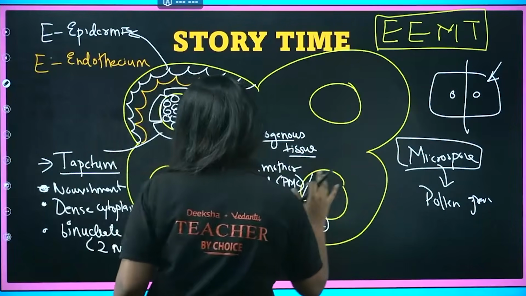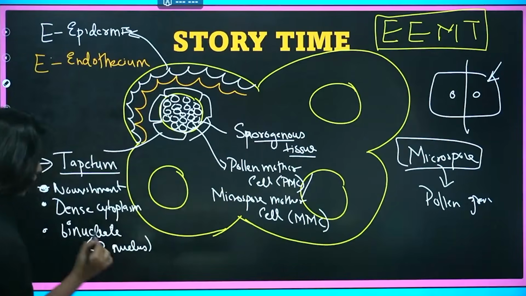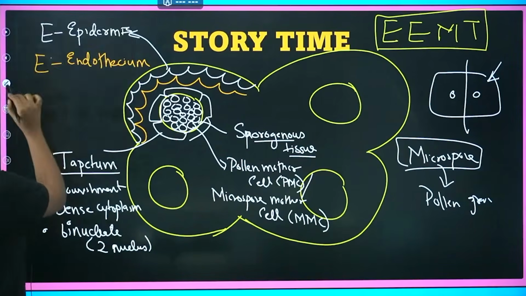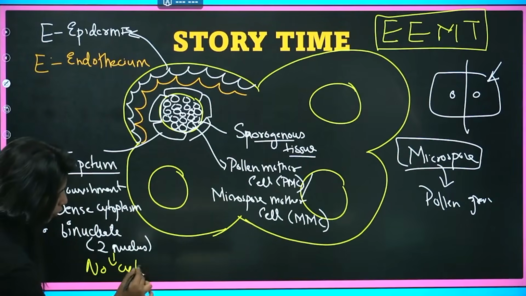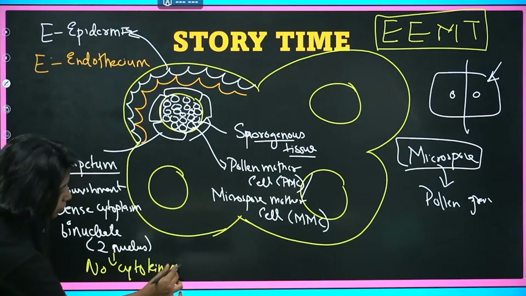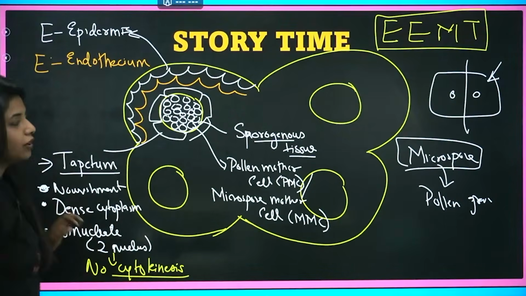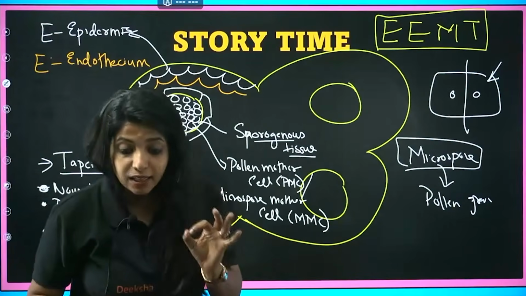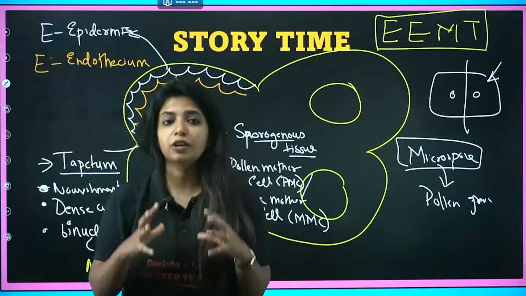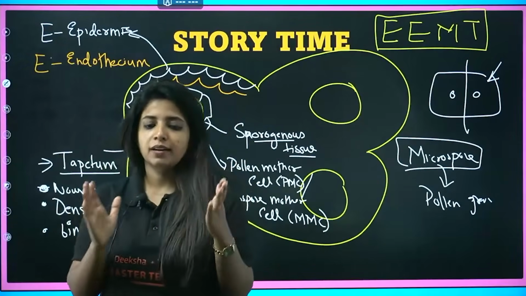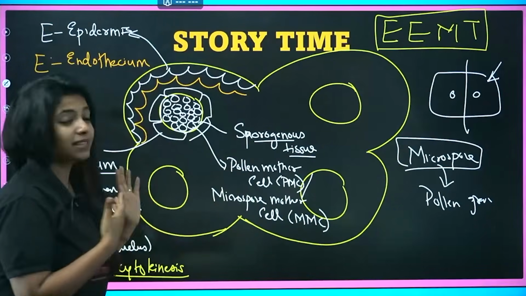Cytokinesis didn't take place. So I'll write it down. No cytokinesis. Kinesis means division. That is why they are having two nuclei. These features I am talking about are super important features of this particular layer, the tapetum.